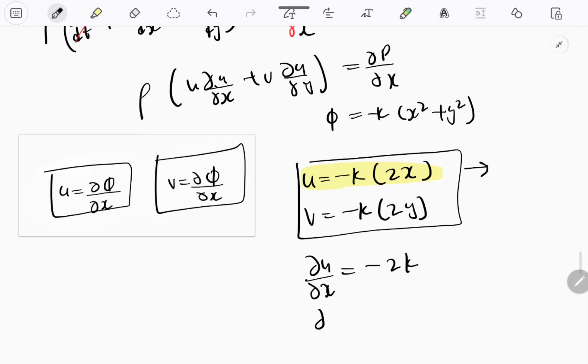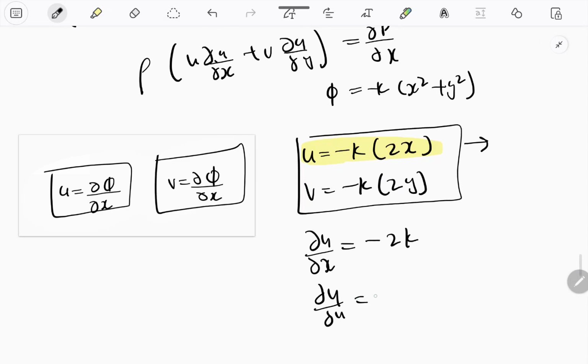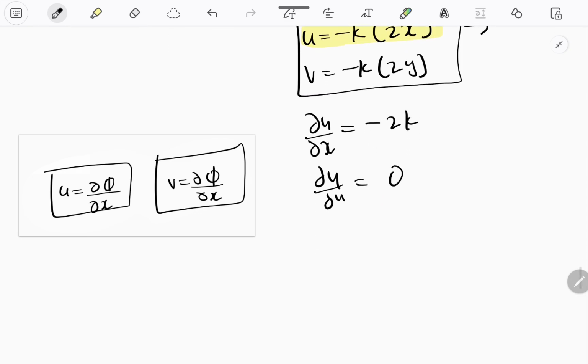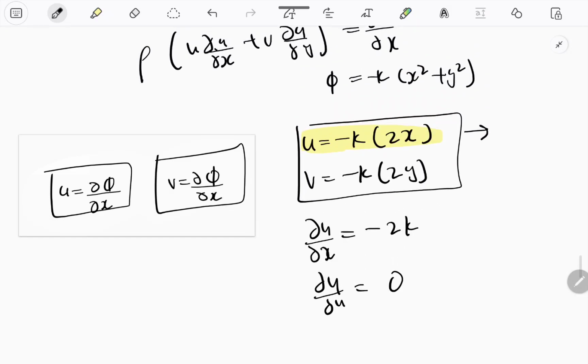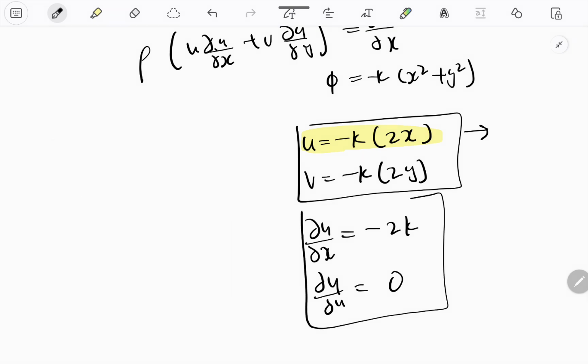But what if we try du in terms of y? I think we need that here. It's going to be the same expression in terms of y. There's no y there, so it's becoming 0. Okay, that's nice. So we have all the tools. We don't need this now.